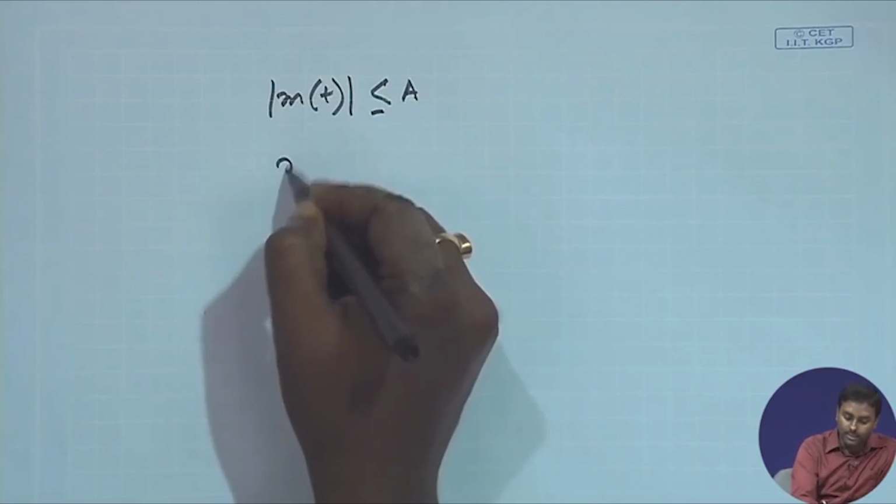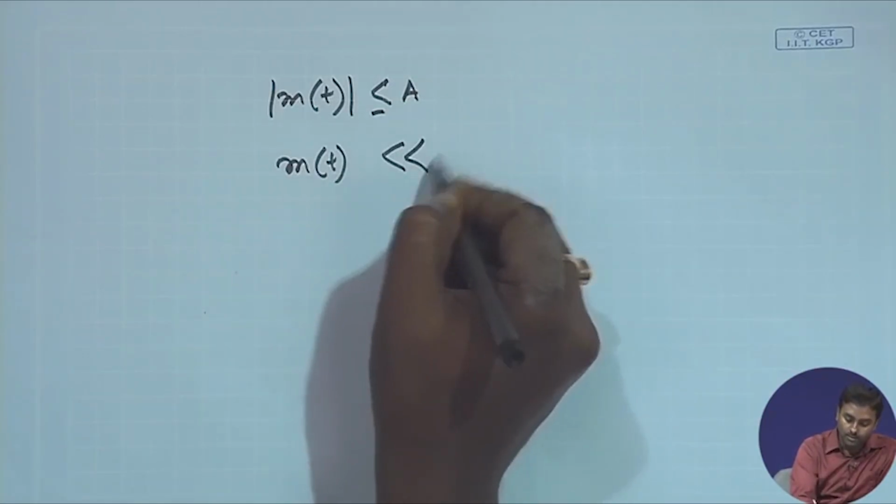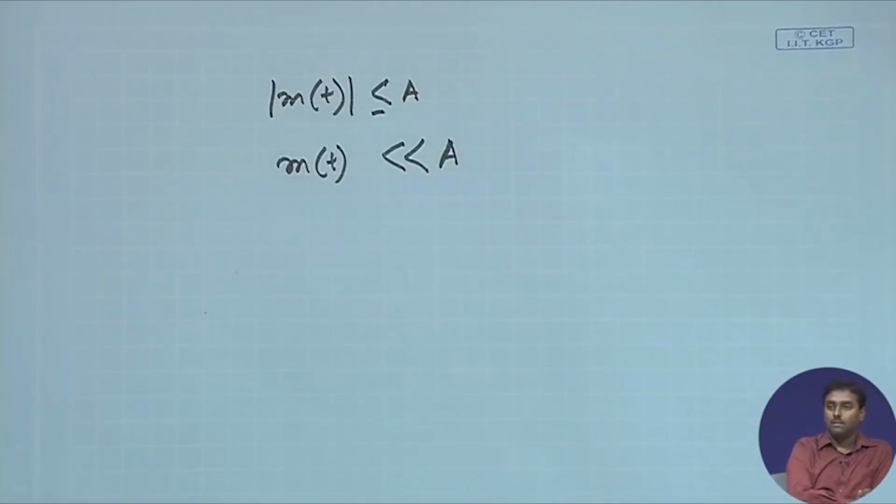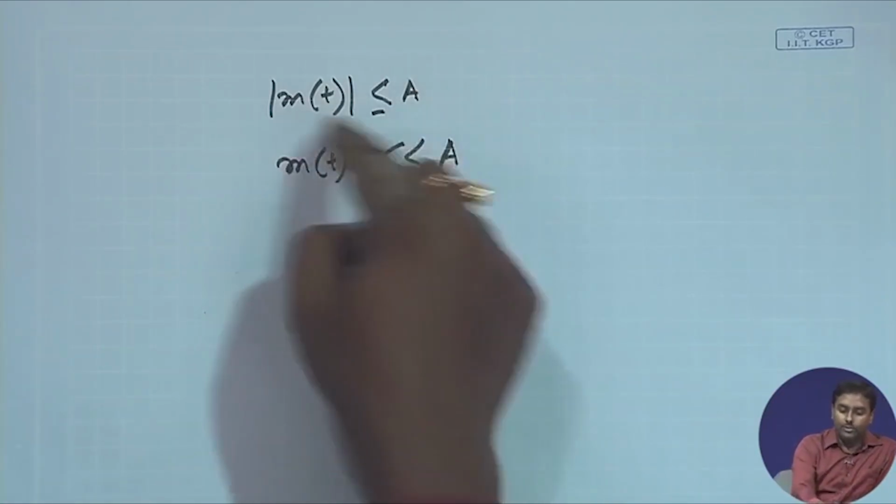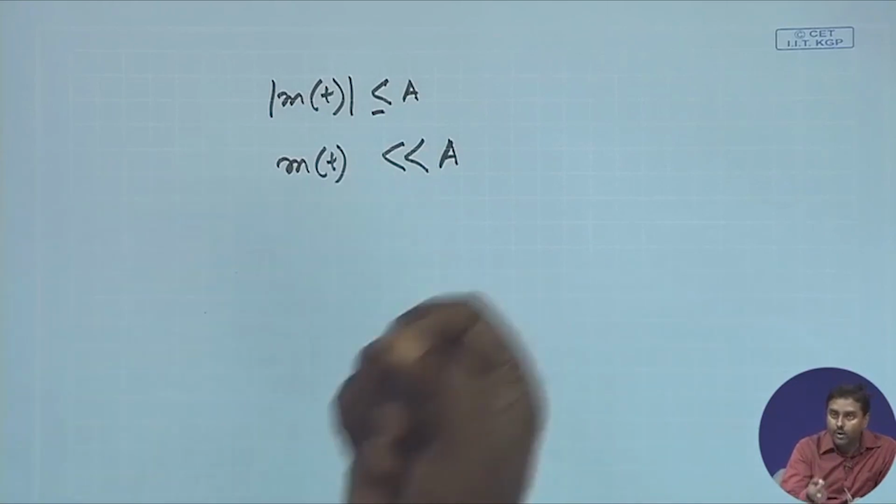Now, I have a condition which is much stronger. What does that mean? We have already seen that when it was taking equality with the tone modulation, we have proven that at that time I had the energy efficiency which is 33%. Anything more or mu lesser than 1, the energy efficiency will be lesser and lesser.